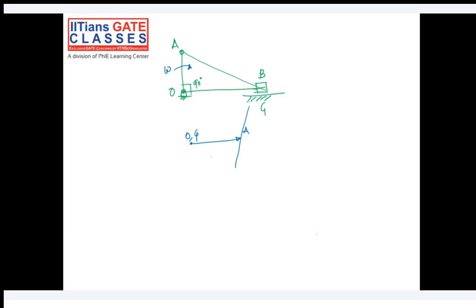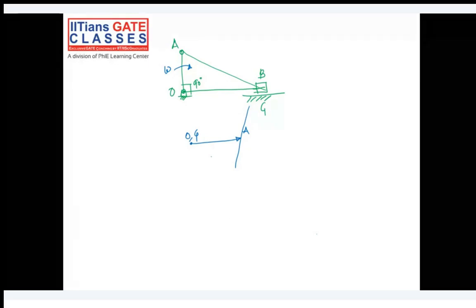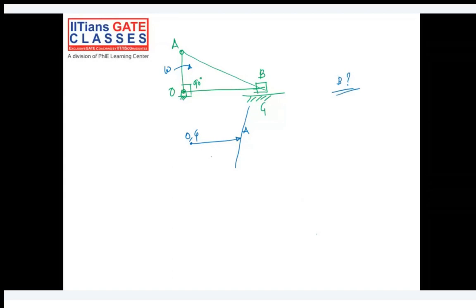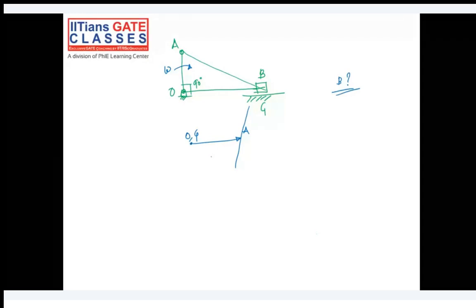Correct. And where will be the point B? Can you tell me where B will be in this case? Whether it will be on the left hand side or right hand side?